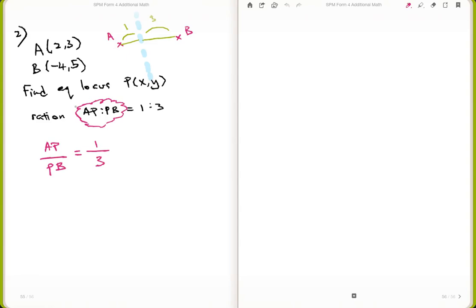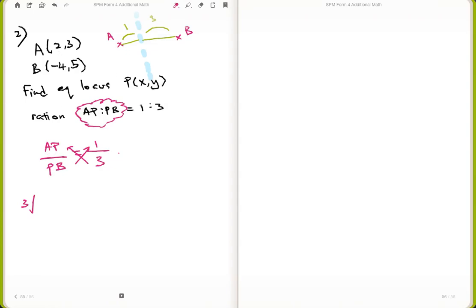To do that, what you're going to do next is you cross multiply. Then there will be 3 square root distance of A to P.